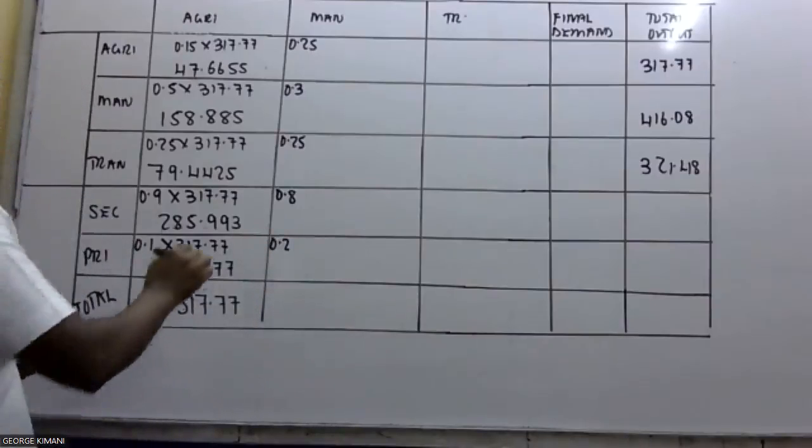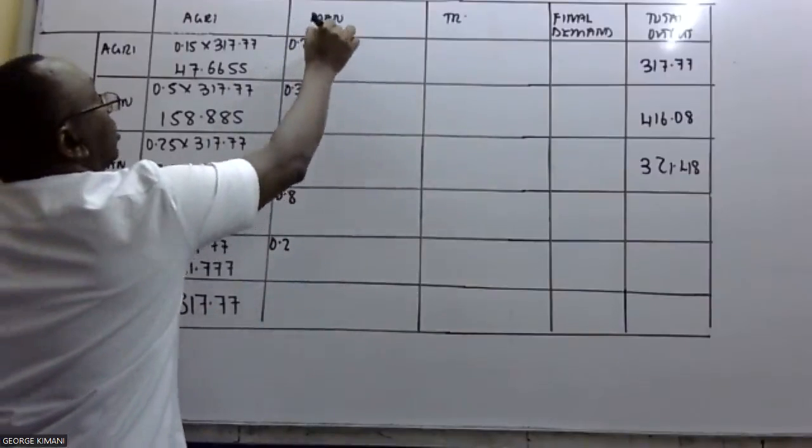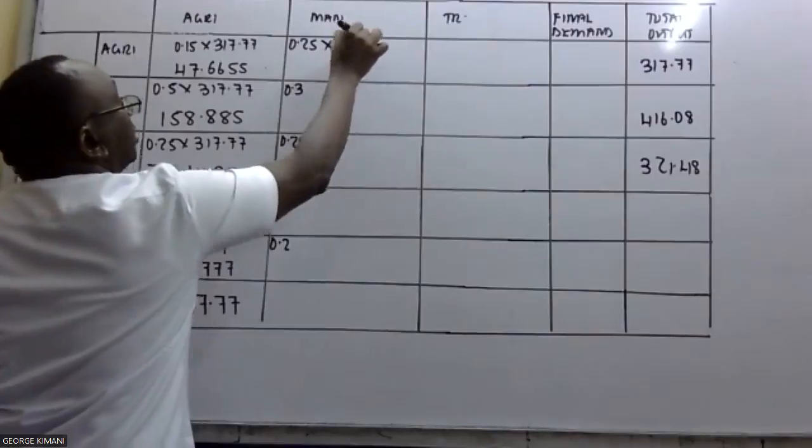Now you multiply by the output of manufacturing, which is 416.08.